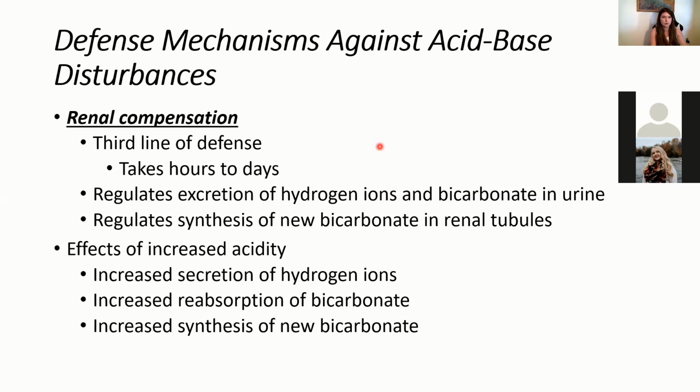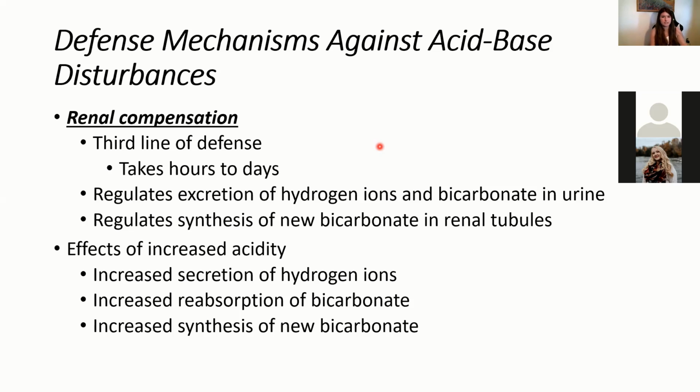So they're able to either increase the excretion of hydrogen ions, meaning you're getting rid of some of the acidity in the blood, or you can reabsorb bicarbonate, because bicarbonate is one of our buffers. Reabsorbing bicarbonate is going to bind on those hydrogen ions, which is going to take them out of the plasma for an amount of time.